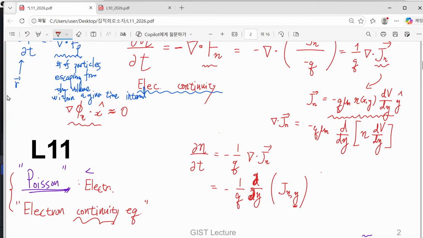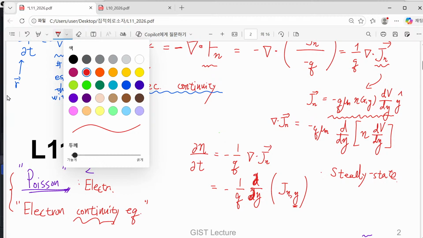So finally, since we are considering steady state, the physical quantities of our interest are just time independent.